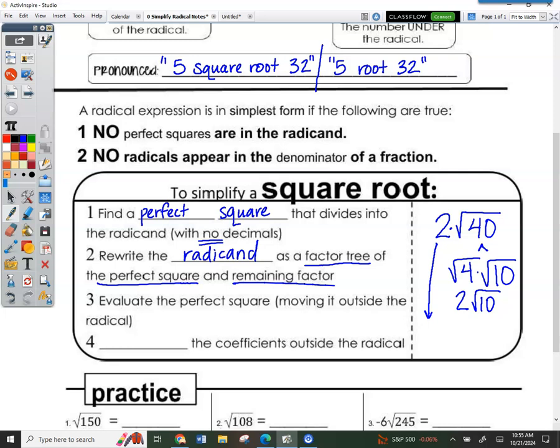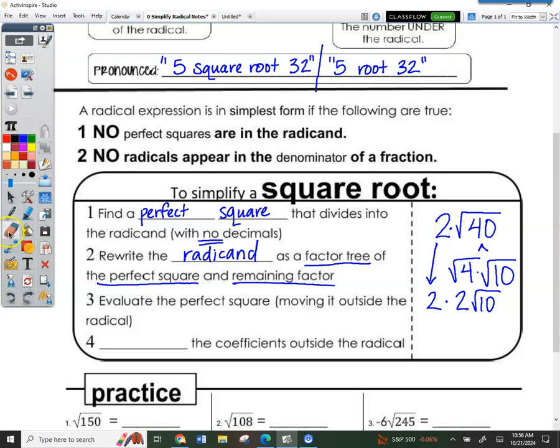Now I drew my arrow a little too far. Hold on. Right here. So we're going to put it right there. There's that 2. Now remember we said, how is the coefficient 2 attached? It's attached by what operation? Multiplication. We said it's multiplication.